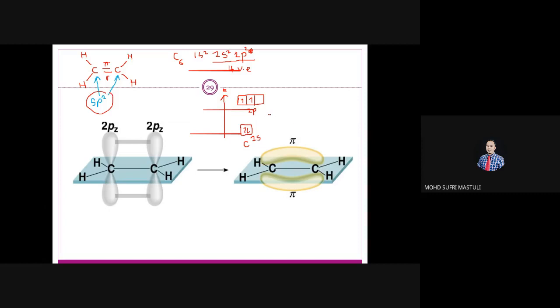So we hybridize to form sp2. Now we don't have any lone pair, so this electron should be moved.